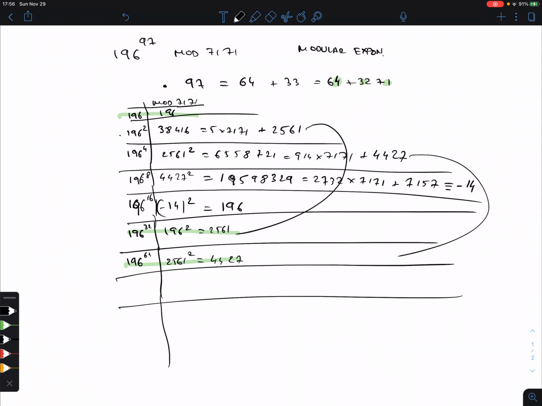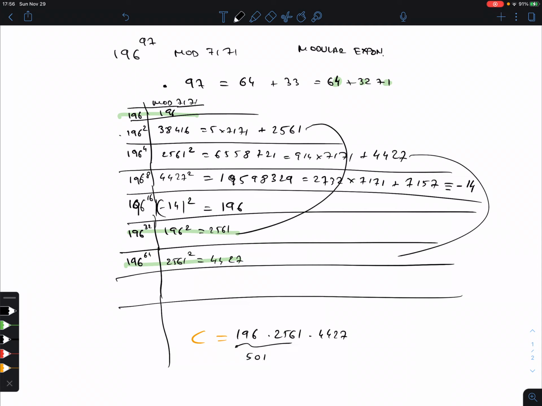So what the coded number will be is 196 times 2561 times 4427. Now, of course, this we have to calculate. So that is 196 times 2561. We divide that, okay, let me write it down.